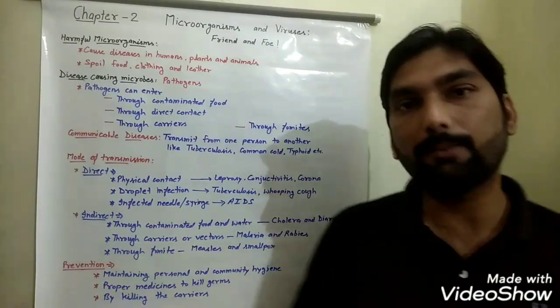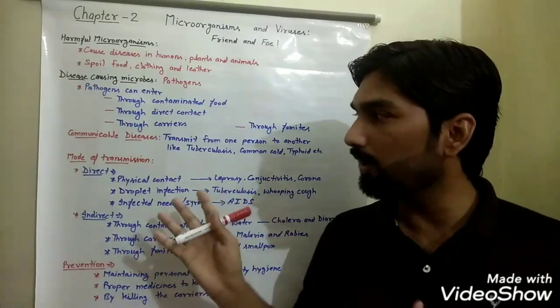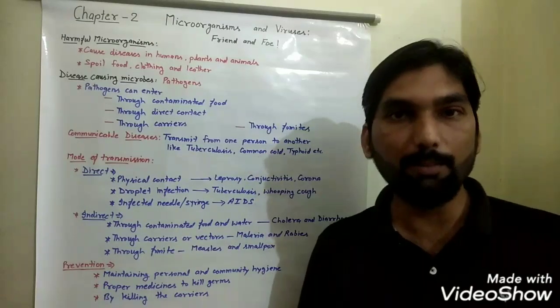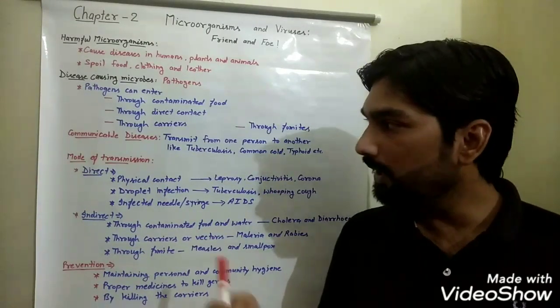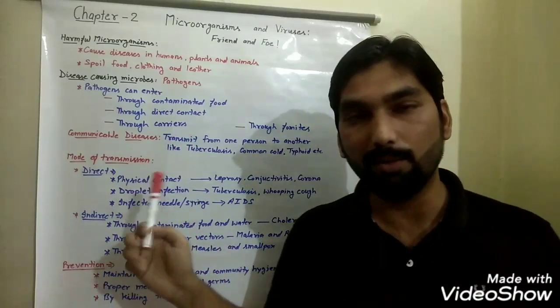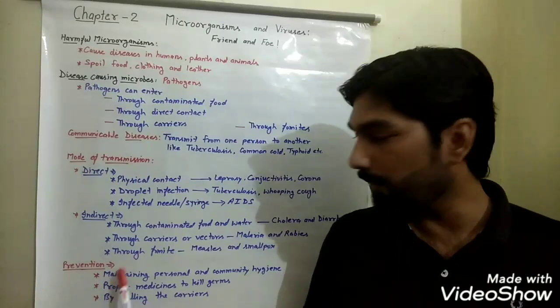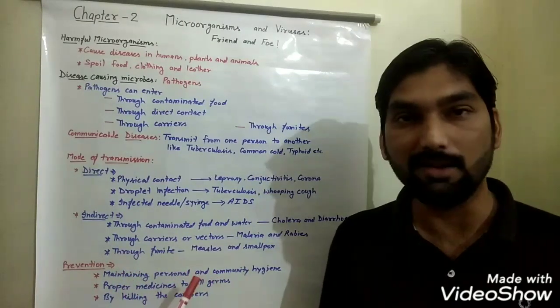So it's very important for us to know the preventive measures to avoid these communicable diseases. In the next topic, we are going to see the measures through which we can protect ourselves from being infected by these communicable diseases. The first and foremost method is what? Maintaining personal and community hygiene.